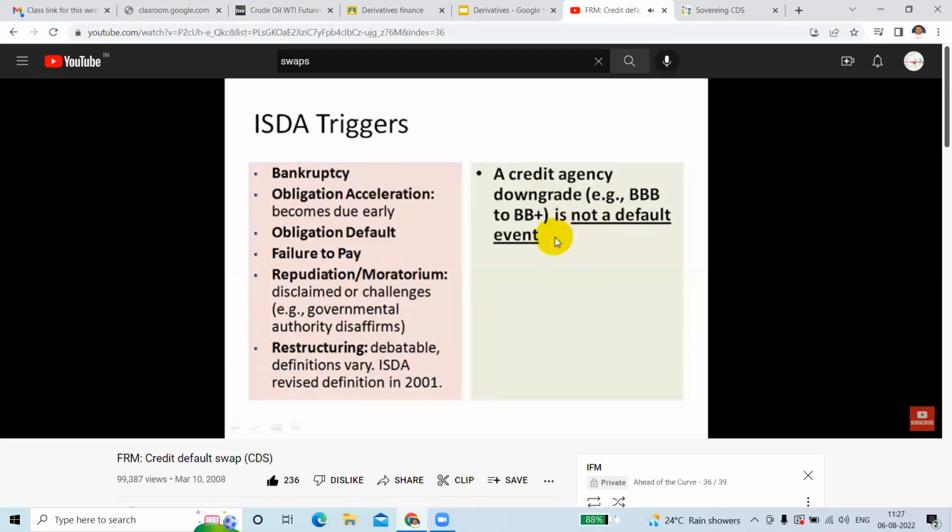Certainly, a downgrade below some threshold may constitute a credit event or trigger, but typically a single notch downgrade would not constitute a credit event under a standardized ISDA contract.